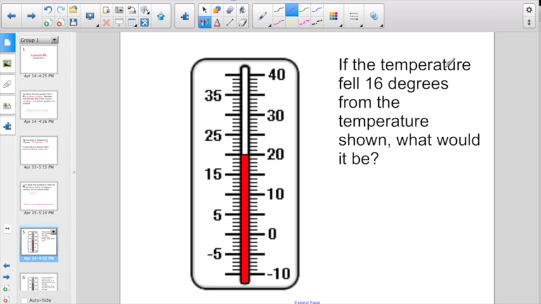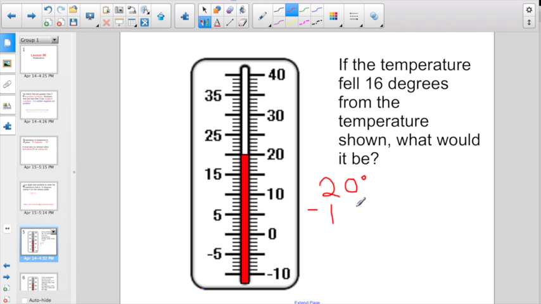Let's try one like this. If the temperature fell 16 degrees from the temperature shown, what would it be? Well, right now, what temperature is shown? Not too tough to read. That is reading out at 20 degrees. So it fell 16 more degrees.